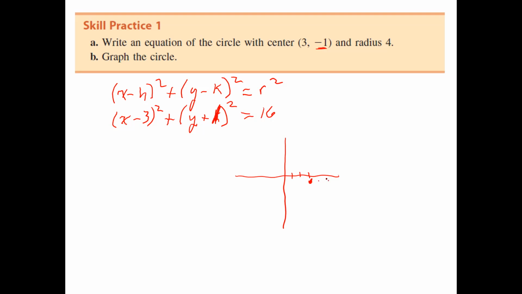So 1, 2, 3, 4. 1, 2, 3, 4. 1, 2, 3, 4. 1, 2, 3, 4. And then I try to draw this pretty nice curve. And it's real hard to do with this stylus. But hopefully you get the idea on this.